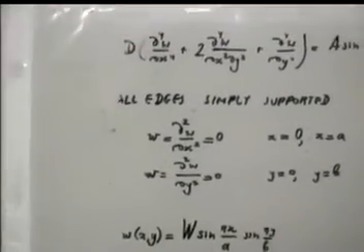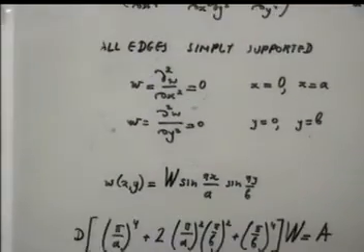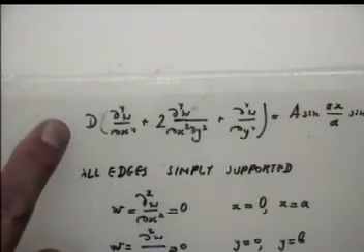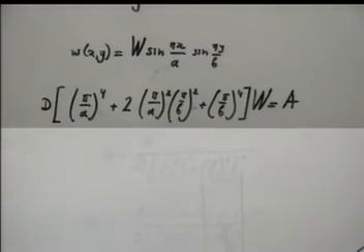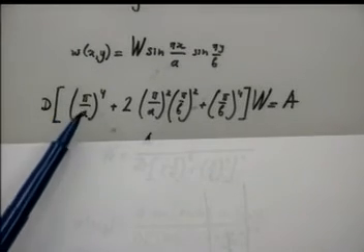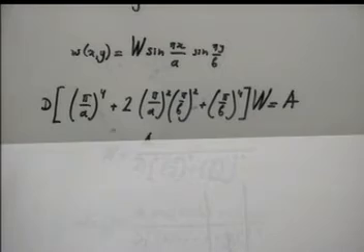Therefore, we can substitute this expression into, please write down here, equation 1. And we get this relationship. D. Now, fourth derivative with respect to x gives us pi over a in fourth power.